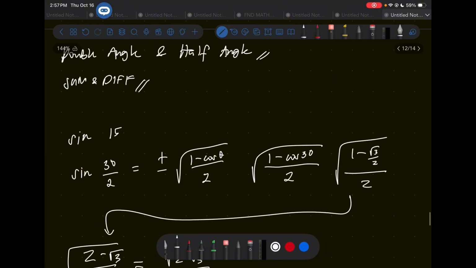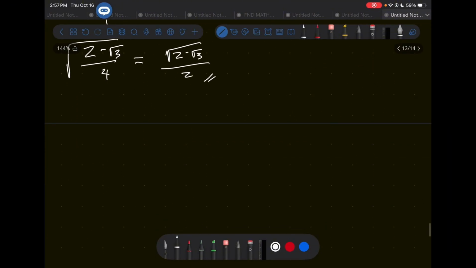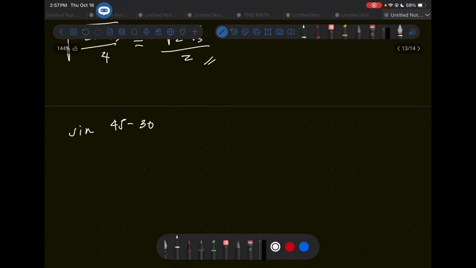What if you'll use the sum and difference? Now sine 15 can be expressed as 45 minus 30. So your sum and difference rule is gonna be sine 45 multiplied by cos 30 minus cos 45 multiplied by sine 30.